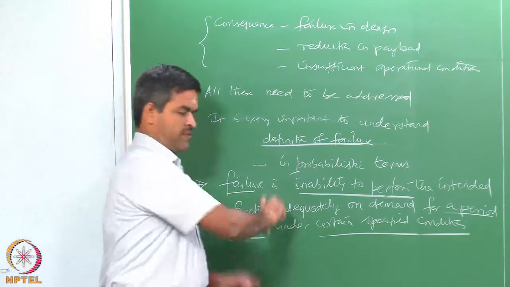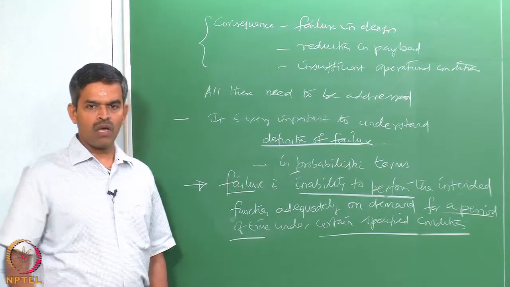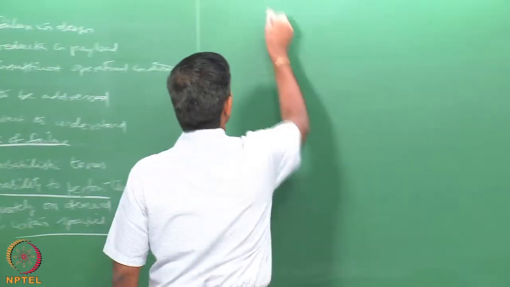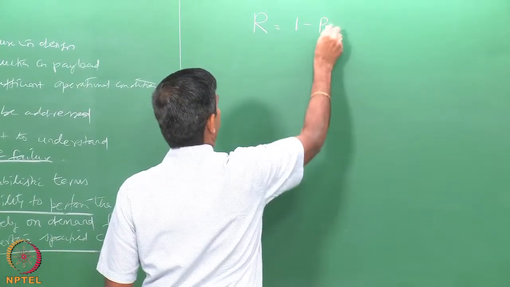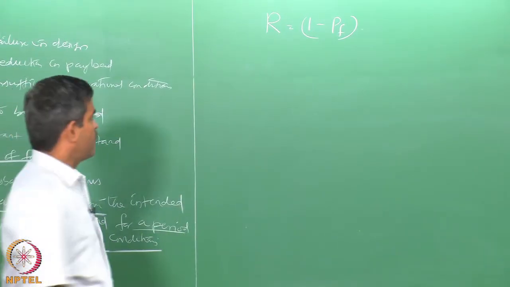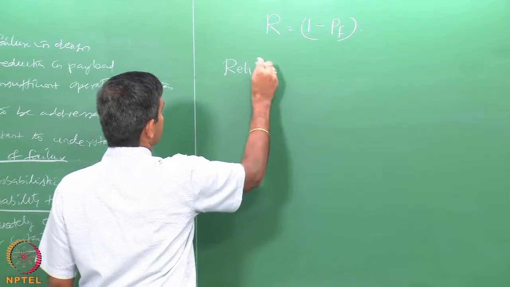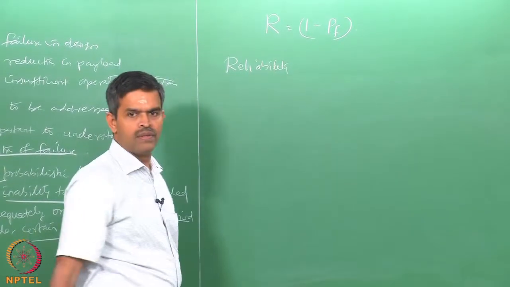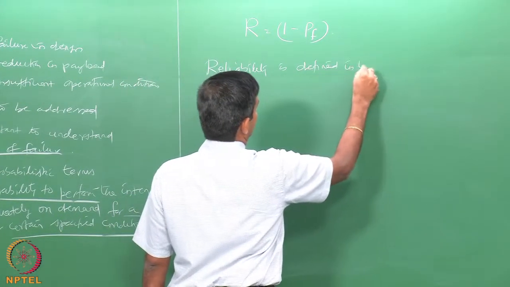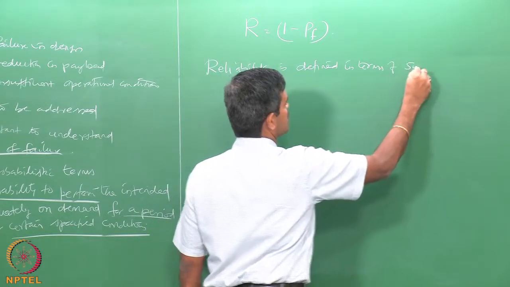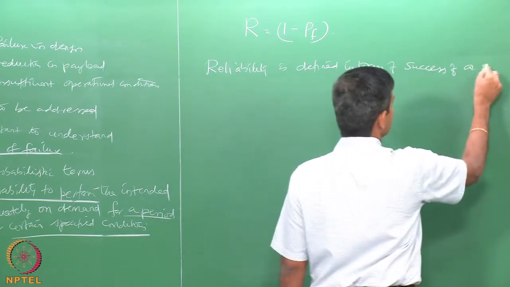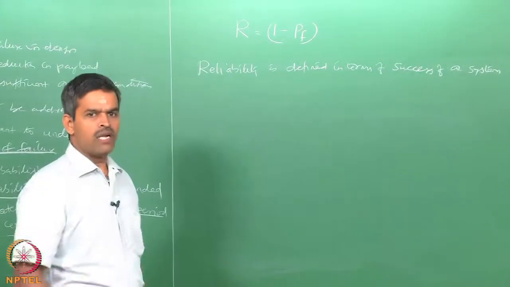So, now this is about the failure. The converse of probability of failure is nothing but the reliability. I can undoubtedly write reliability is 1 minus probability of failure. Therefore, reliability is defined in terms of success of a system. So, let us define reliability.